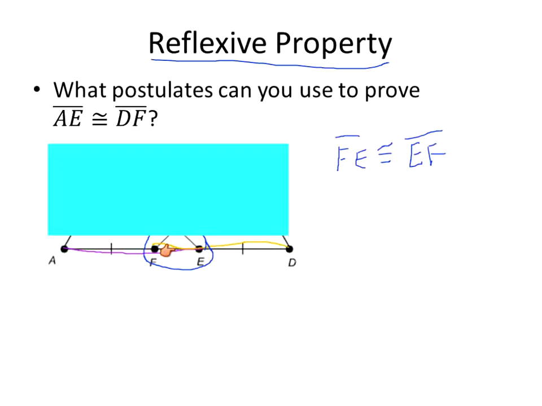Now before we start, we've got to notice one thing. Notice there's these little tick marks here. Remember I said earlier, if I see those little tick marks, I know that those sections are equivalent. Now that section that's equivalent only goes from A to F, and from D to E. So right now, I have, this is the reflexive property.